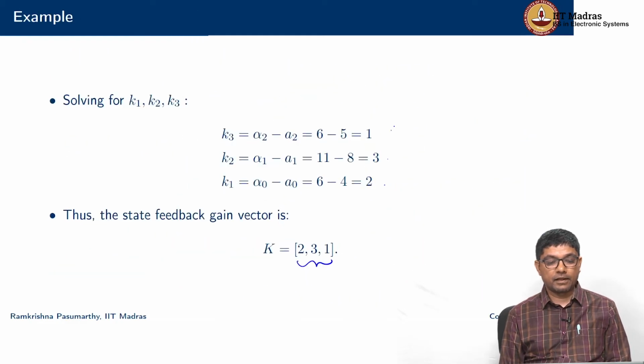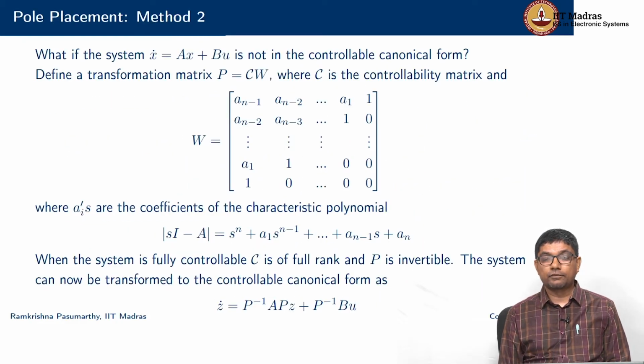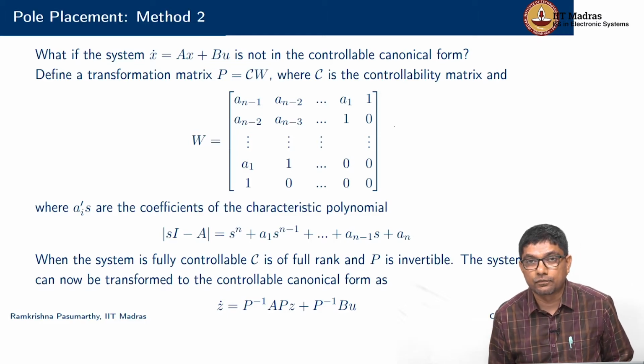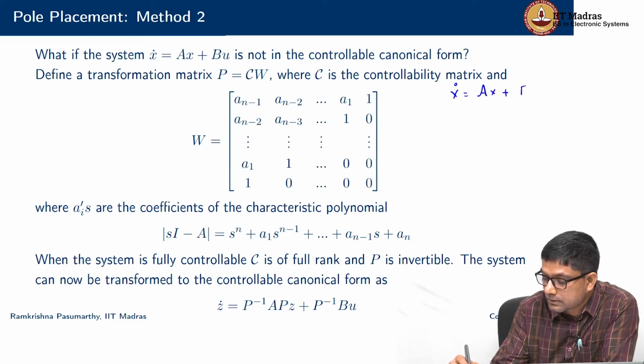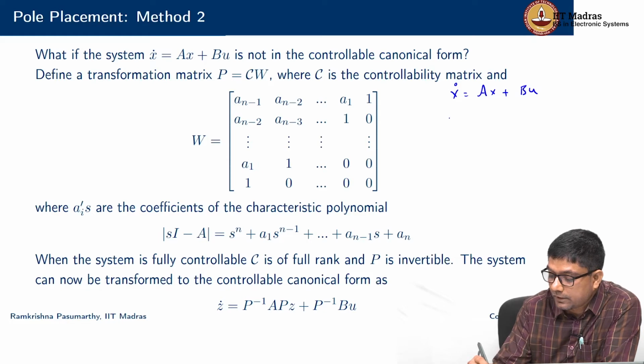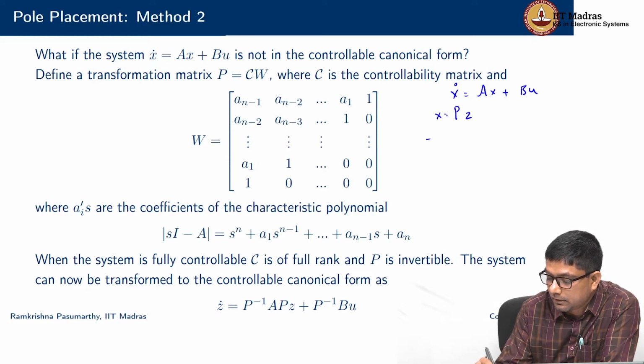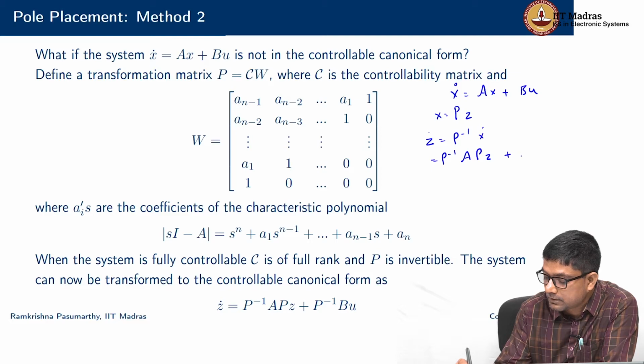The question that one may ask is, what if the system is not in the controllable canonical form, right. What we know is that for a system x dot equal to Ax plus Bu, suppose I define a transformation x equal to Pz such that z dot is P inverse x dot. This is P inverse, x dot is Ax, x is P times z, plus P inverse B u.